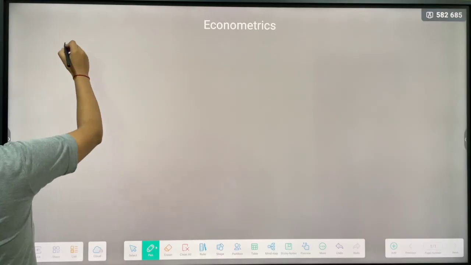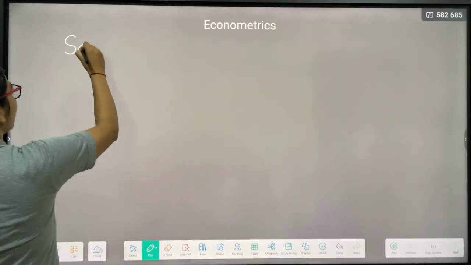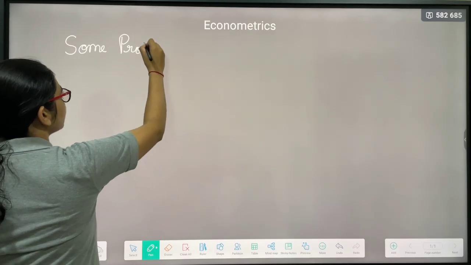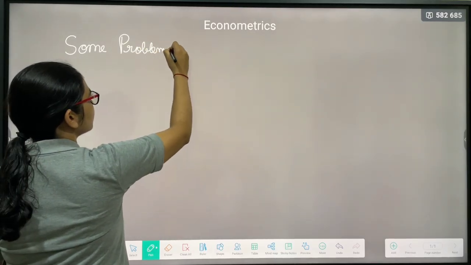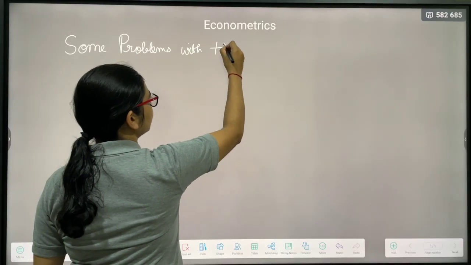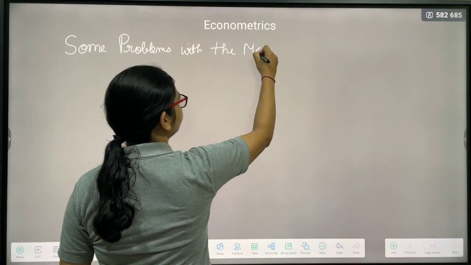So, today's concept is some problems with the models.